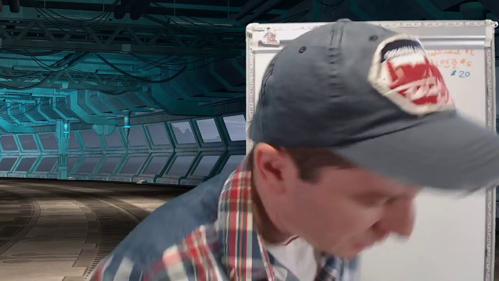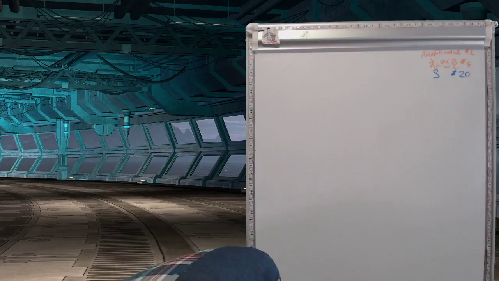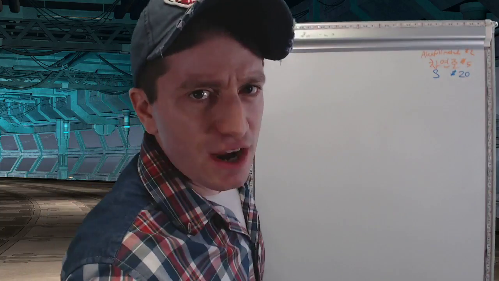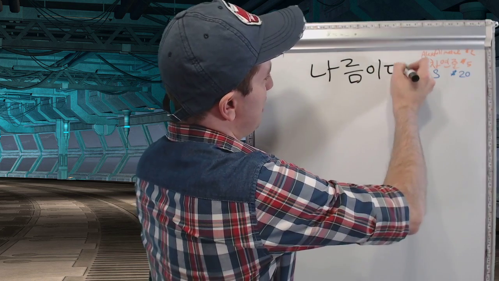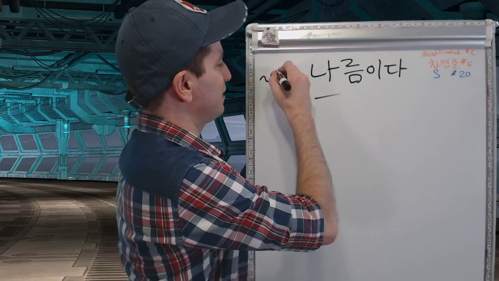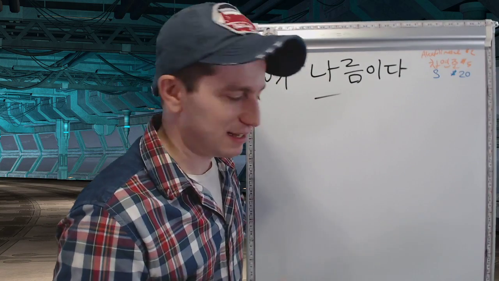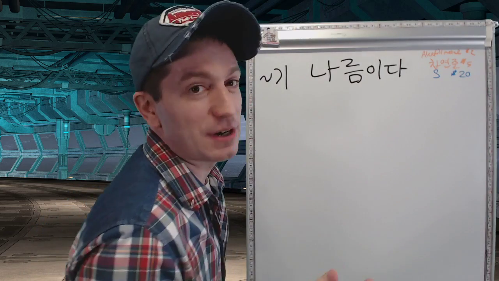So let's get back to the lesson. The next advanced topic we're going to be doing is very similar to the naramida form that we just did. In fact, it has the same literal meaning as naramida, almost. Yeah, pretty much. Same usage, I'll say that.